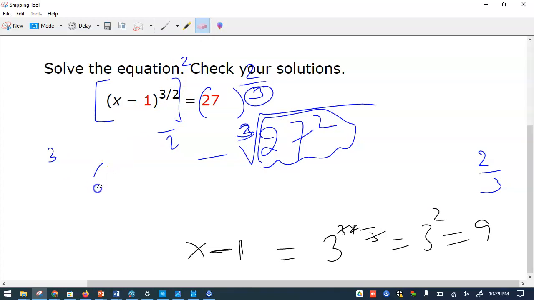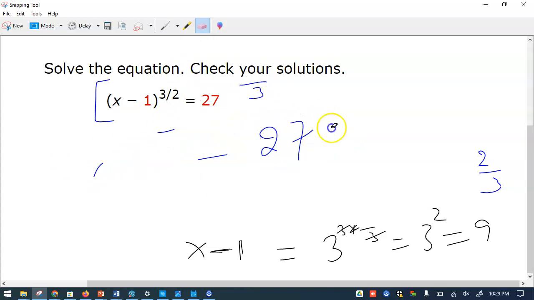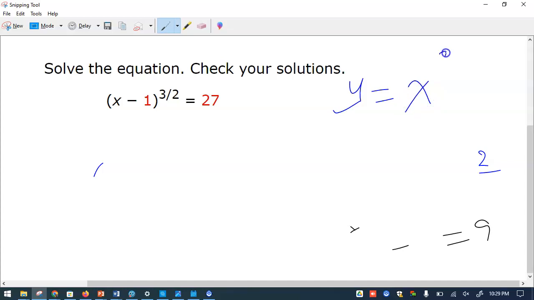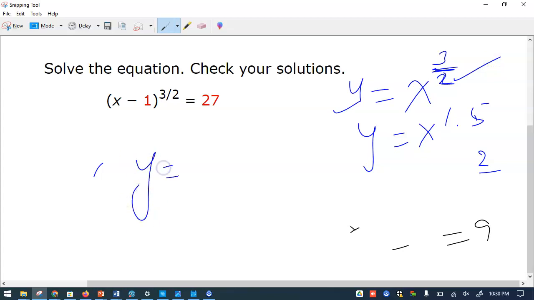So what I'm trying to say is, this thing can be better understood with the help of an actual graph. If I ask you how do we graph x raised to 3 by 2? It is y equals x to the 1.5, and you see this is x raised to 3 by 2. There's a 2 there. Because the denominator is 2, it can be written as y is the square root of x cubed. See?